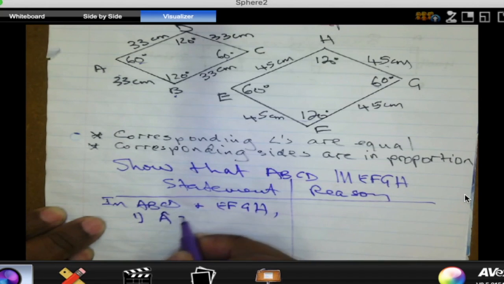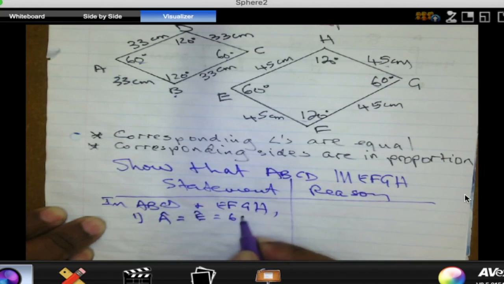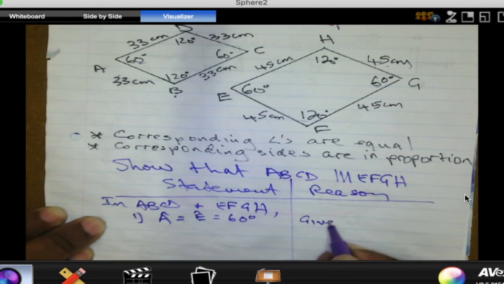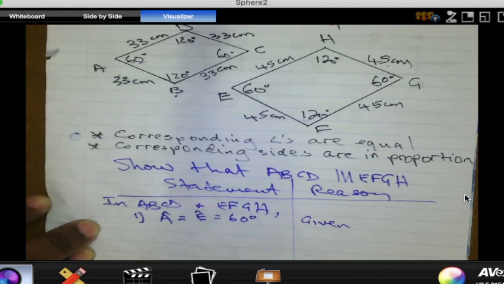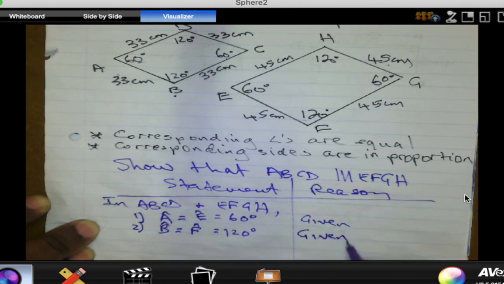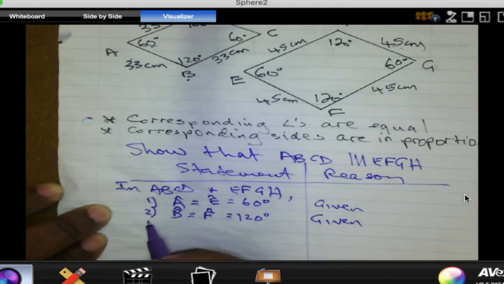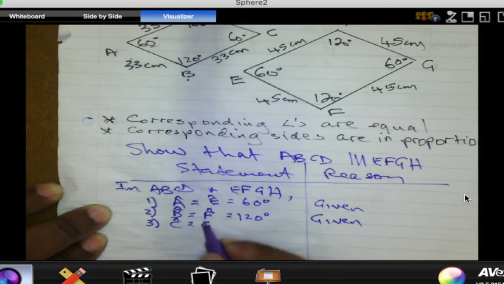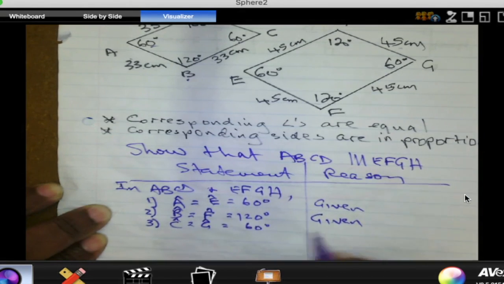Clearly, angle A is equal to angle E, which we know is 60 degrees. And this is given. Right. So angle A is equal to angle E is equal to 60 degrees. That is given. Number 2, angle B is equal to angle F is equal to 120 degrees. Again, that is given. Then angle C is equal to angle G, which is 60 degrees.